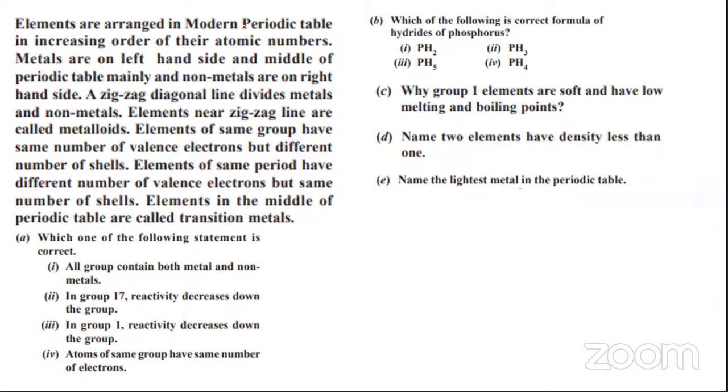Elements of the same group have the same number of valence electrons, but different number of shells. Okay. As we go from top to bottom, your shell number increases, correct? Elements of the same period have different number of valence electrons, but the same number of shells. Elements in the middle of the periodic table are called transition metals. So these 5 questions are there.